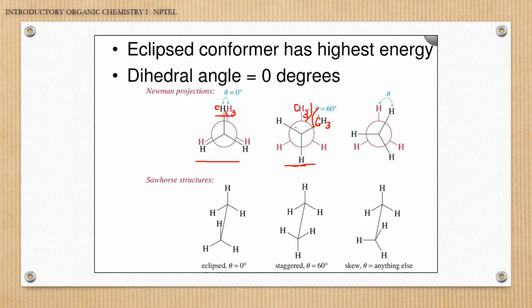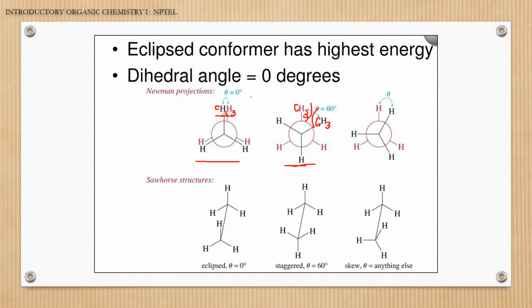Compared to anti, there is still some torsional strain in Gauss, but it is not contributing towards the instability of this conformation. In the eclipsed conformation, the torsional strain is the major reason for instability. But in a staggered conformation, specifically the Gauss conformation, the torsional strain is relaxed because the dihedral angle increases from 0 to 60 degrees. Here the methyl groups are bulky, so the steric strain is the only reason for the instability.